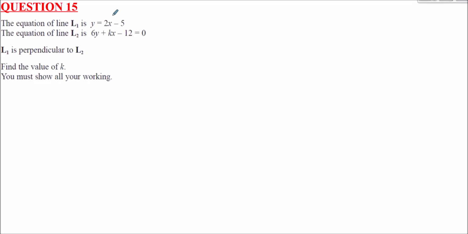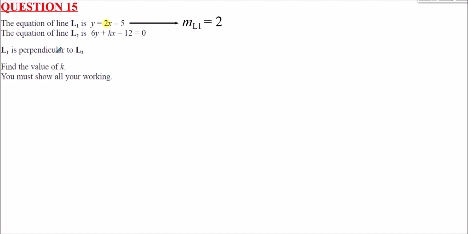So because it's in the form y equals mx plus c, the number in front of the x, in this case the 2, which I'm going to highlight, that tells us the gradient. So therefore the gradient of line L1, gradient has the letter m, gradient of line L1 is 2. Now this second line, L2, isn't in the right format, but I'm going to come to that in just a moment. We can sort that out.